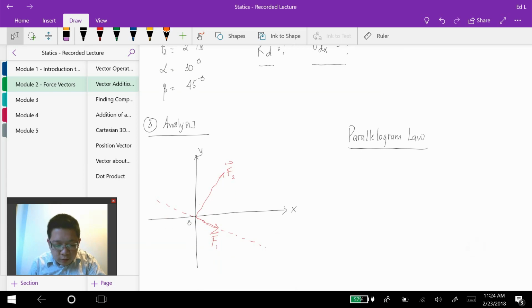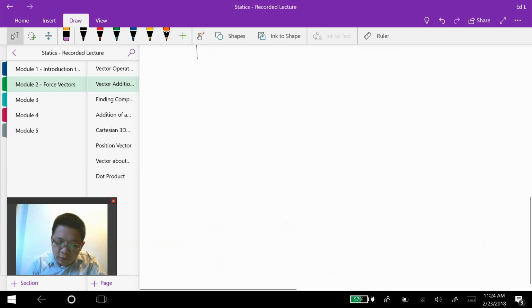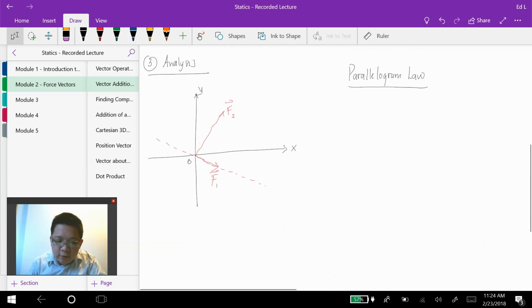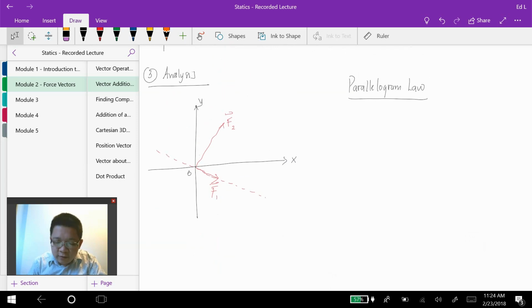In the parallelogram law, the first thing that we have to do is to put the tail of the two force vectors together, as what we have learned in the previous recorded lecture. Okay, so we put the tail together, and it's located at O right now, and we draw a line that is parallel to force vector F2, right, and a line that is parallel to force vector F1.